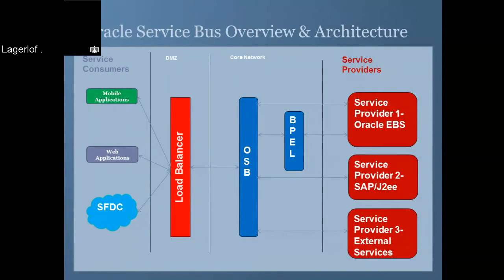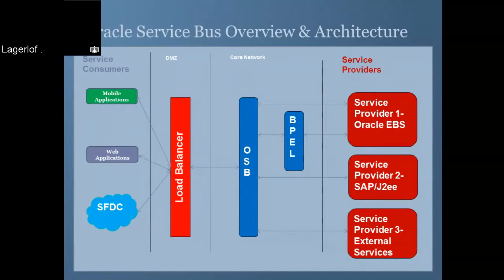So I'm going to show both protocols and how it can be exposed. And on the provider side, we're going to have an Oracle PL/SQL procedure, and the service will in turn call this PL/SQL procedure to capture this information.